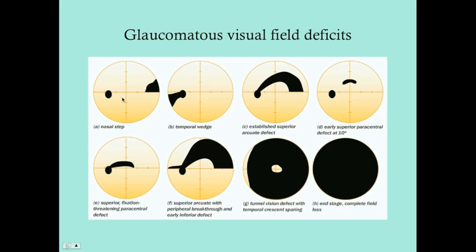The glaucomatous visual field deficits reflect that there is a problem on the retina, so it's going to be a lot different. Here's an example. This would be an arcuate defect. This would be an early paracentral defect. These are examples of visual field deficits you would see solely in glaucoma.